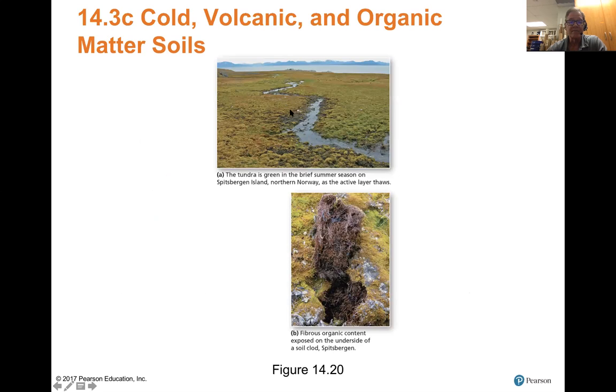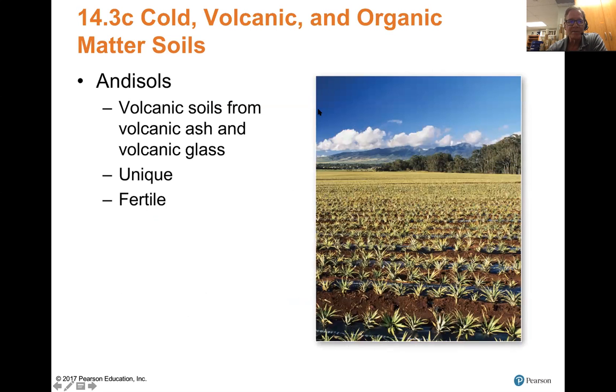Okay, like this. So in the summer, where we get some warmer temperatures, anaerobic green, a lot of times is underneath that. So notice all the organic material there, but it's generally frozen. It only thaws out down just a few inches during the summer months.